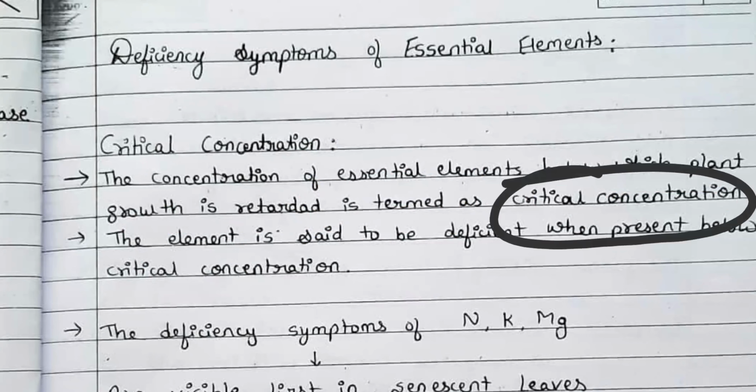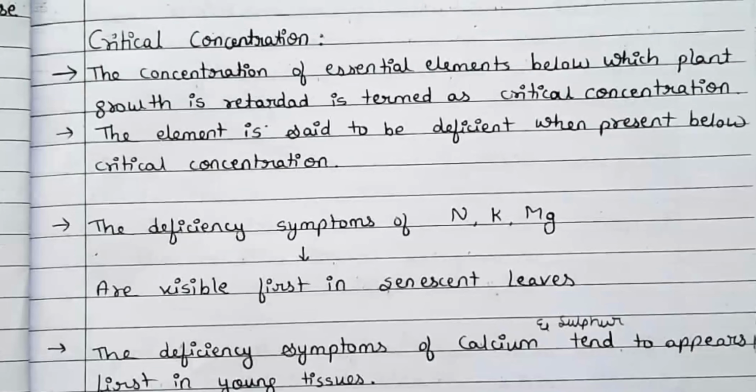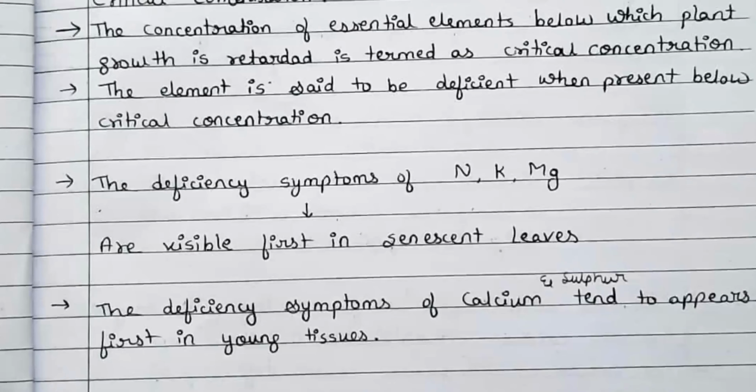The concentration of essential element below which plant growth is retarded is termed the critical concentration. The element is said to be deficient when present below that concentration. Below the concentration, if the element is present in a plant, we consider that element deficiency occurs in the plant.